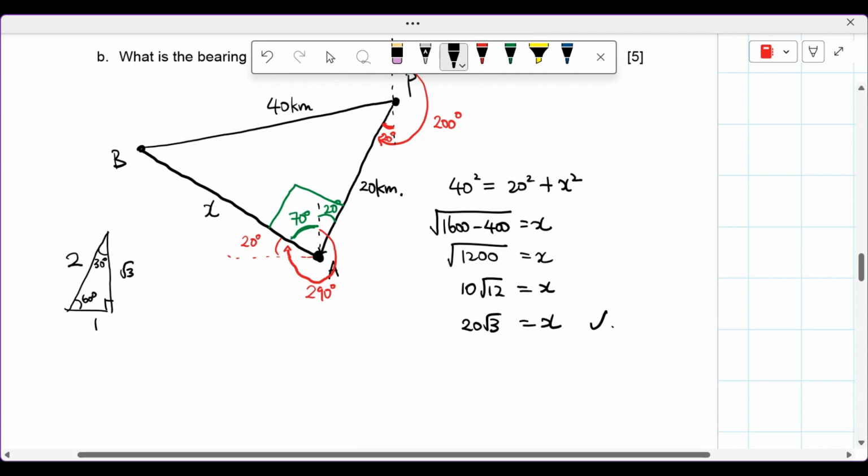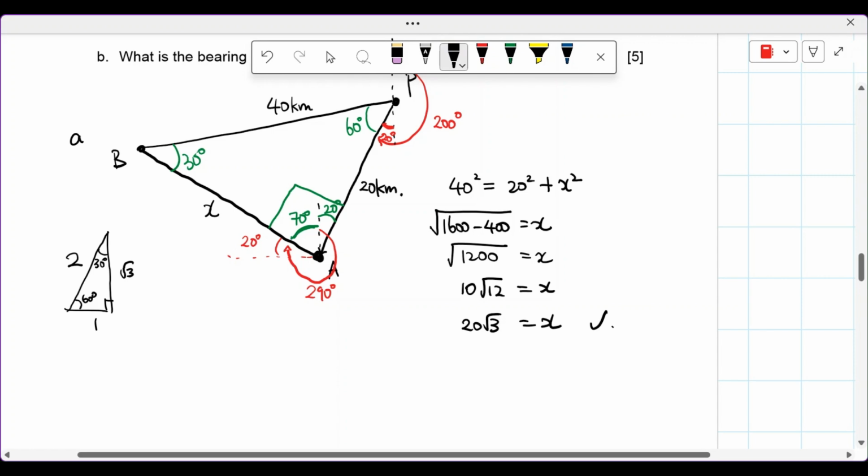So I think we can assume that triangle BAP will follow the same fashion. The one opposite of the 1 is 30 degrees. The one opposite of the square root of 3 is going to be 60 degrees. So that's 60 degrees here.